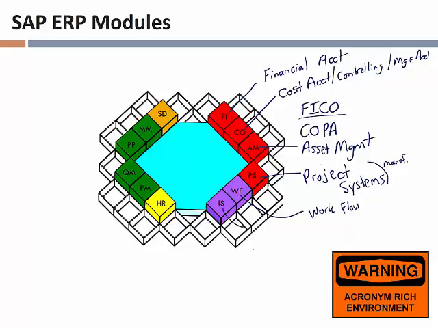IS is information systems. Information systems in this context largely is talking about the reporting focus of the ERP system. And in fact, most of the other modules that you see here have information systems as a part of that.